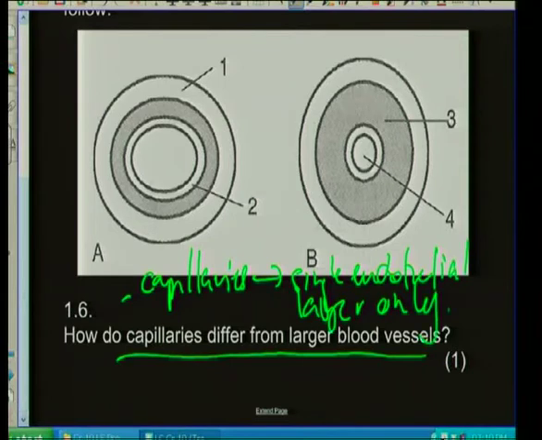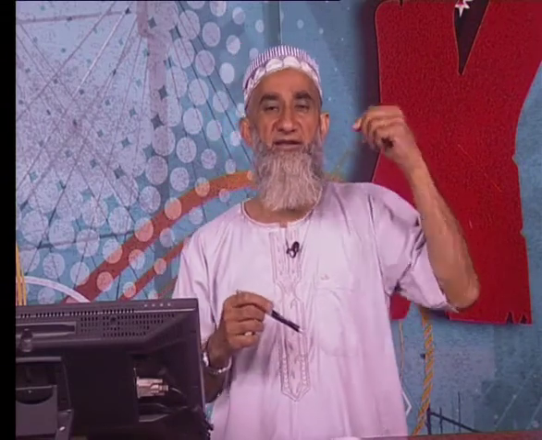You could say that, or you could say that the capillaries do not have the smooth muscle and the connective tissue layers. It means the same thing. If you say they only have the single endothelial layer, or you say that the capillaries do not have the smooth muscle and the connective tissue, it would mean the same thing. That is how they are different from arteries and veins.